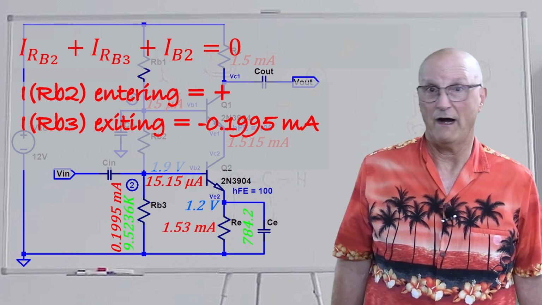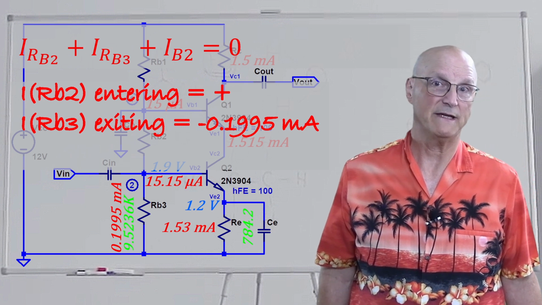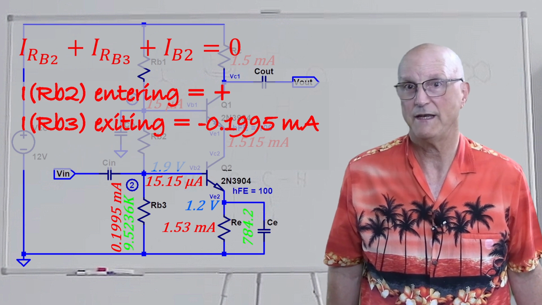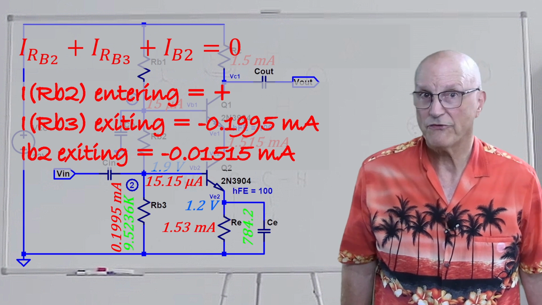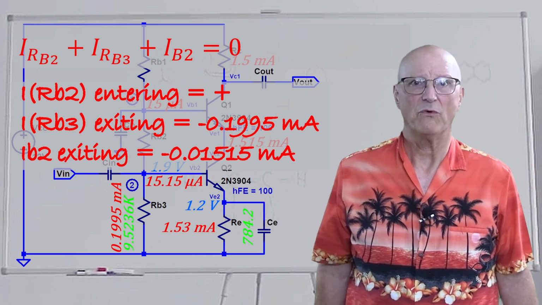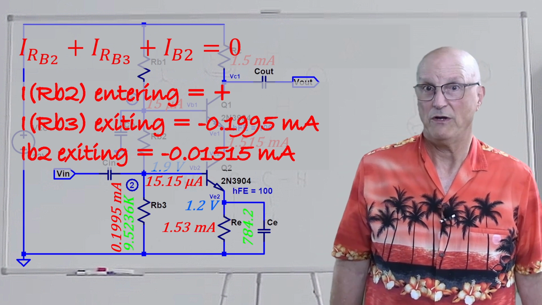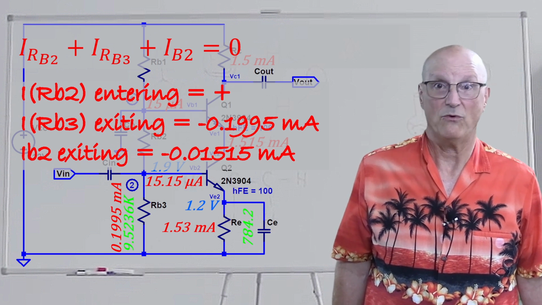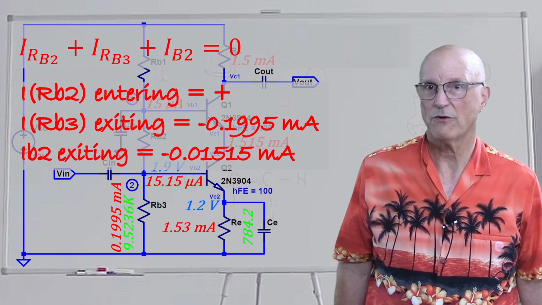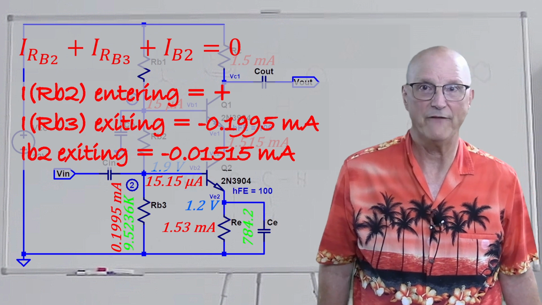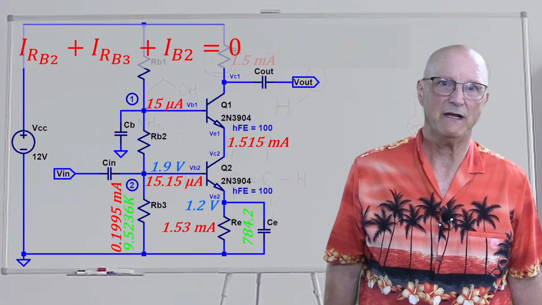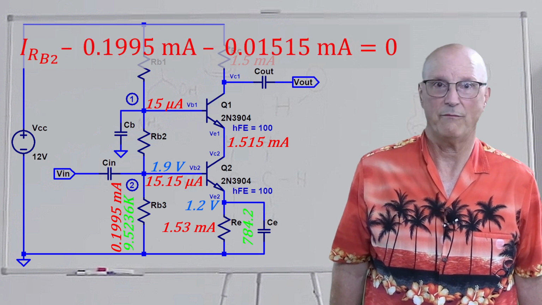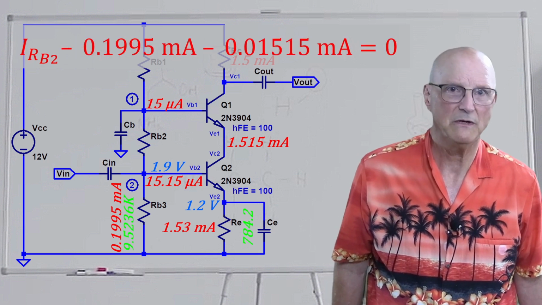And so we know that IRB3 is equal to minus 0.1995 milliamps. IB2 is also exiting the node, so it is negative. And we know that IB2 is now minus 0.01515 milliamps.